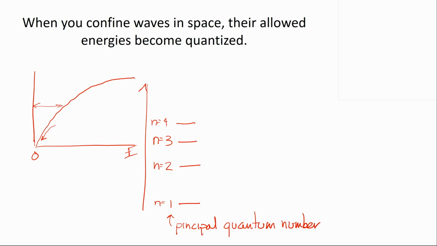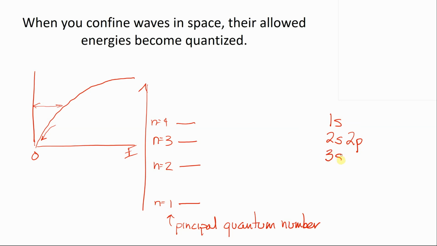When we talk about the n equals 2, we give these different shapes different names. So when we have n equals 1, we're only allowed the shape that corresponds to s. When we have n equals 2, we can have that same s orbital with a radial node, or we can change the shape and have a node in space, and we'll give that the 2p.